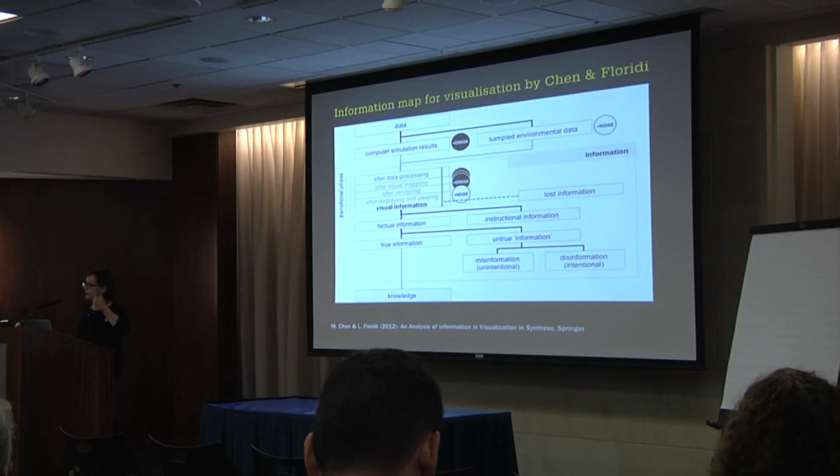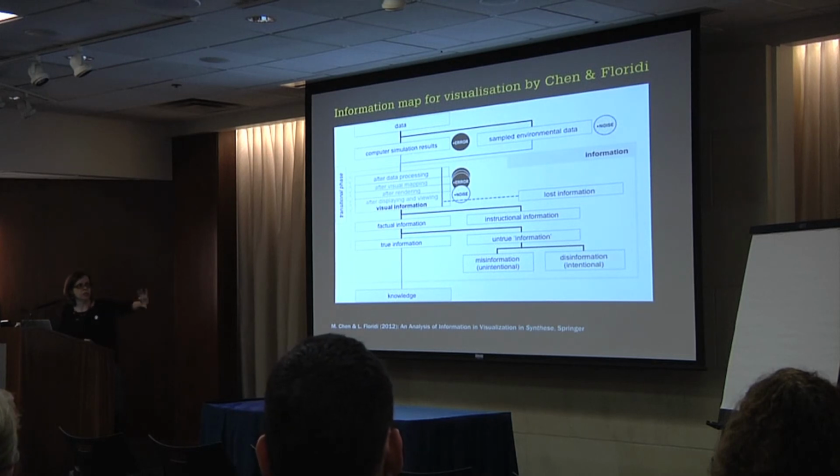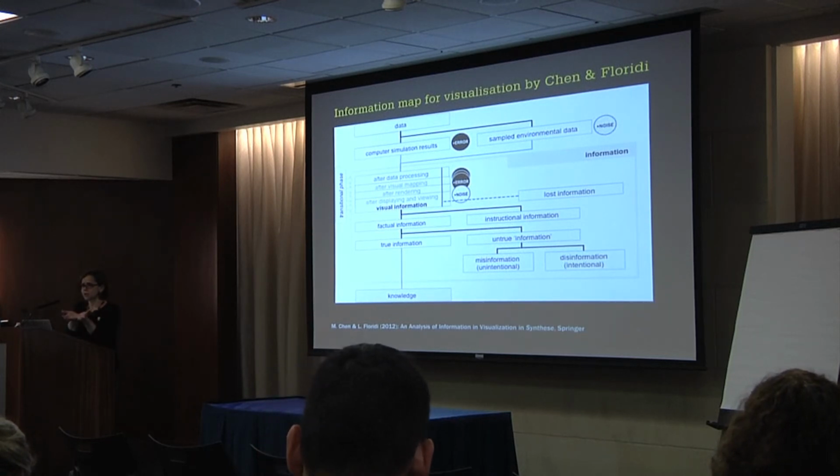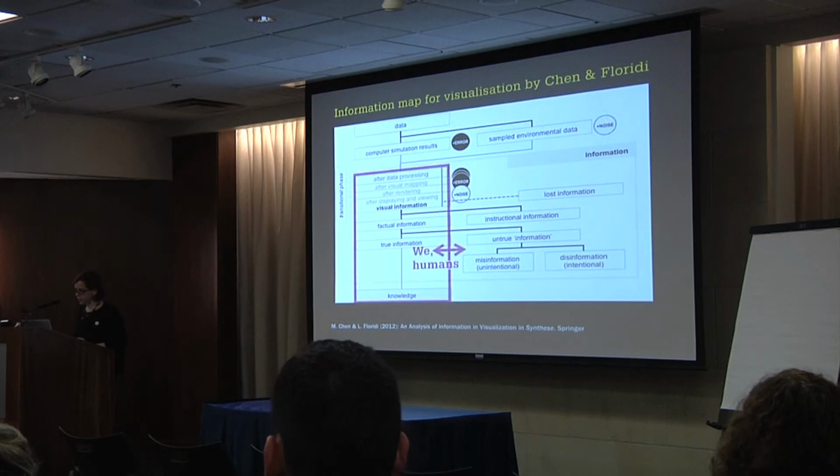It's really, even if we use the machine for data acquisition or for automated representation, we need to pay attention to the human aspect and to being able to understand this bottom part, right, between the true information and the untrue information, and how we go about literacy for those of us constructing these visual artifacts, and for those of us reading or interpreting them.